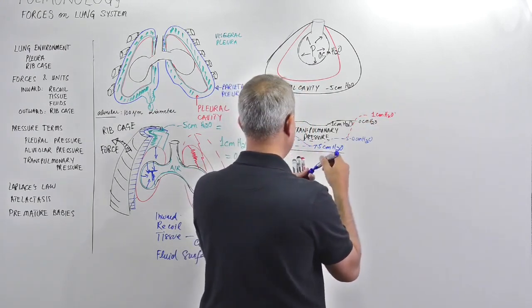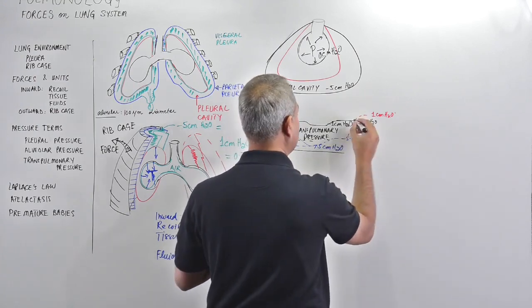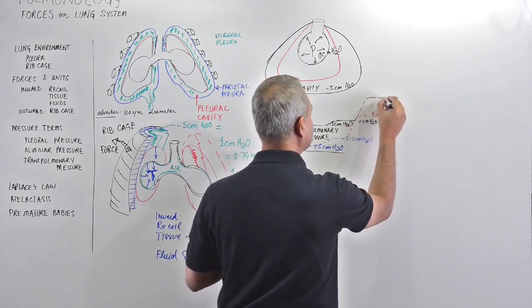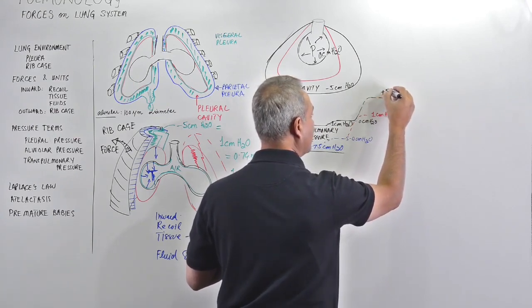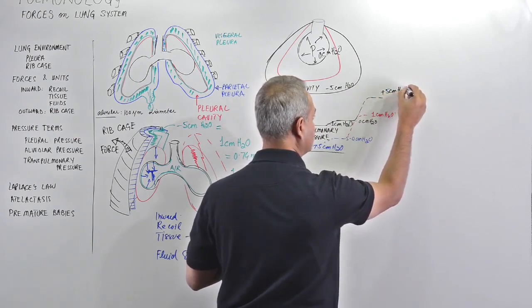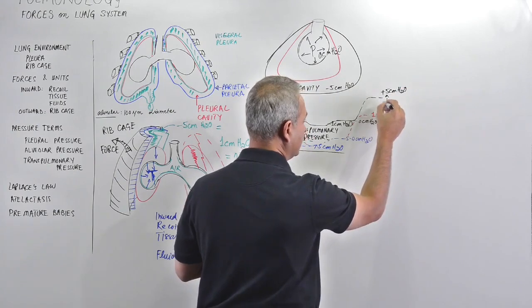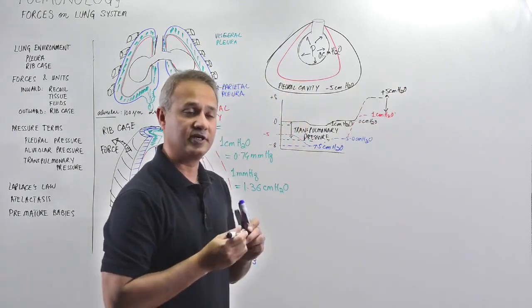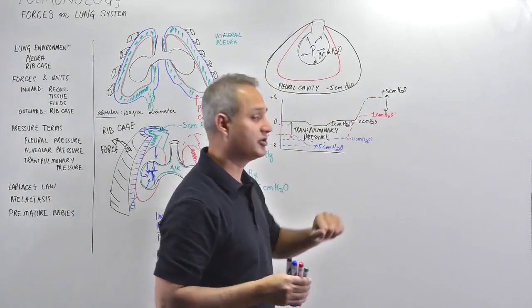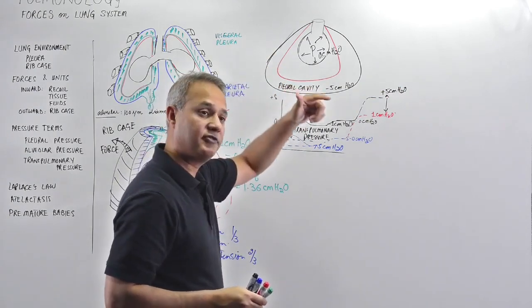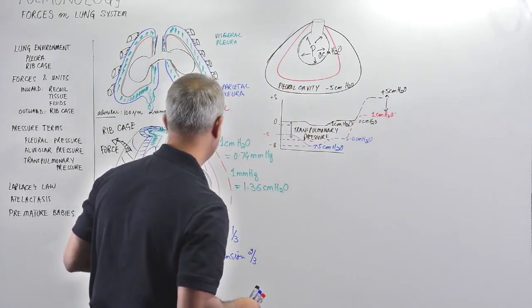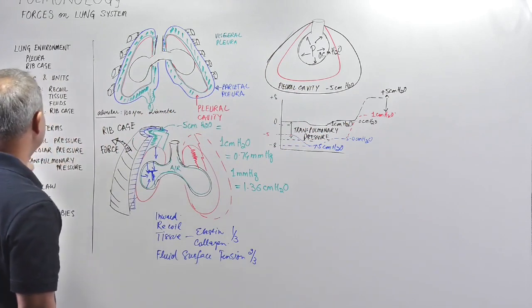And similarly, the pressure in the alveoli would go to some positive number as well, so let's say plus 5 centimeters. I'm just making up numbers to make a concept here. And so the 4 centimeter difference, that is the transpulmonary pressure. So transpulmonary pressure is the difference of the alveolar and pleural pressure. Okay, so now we understand the pressures as well.